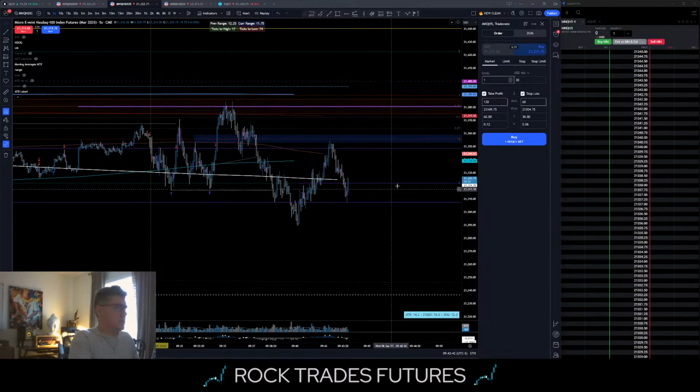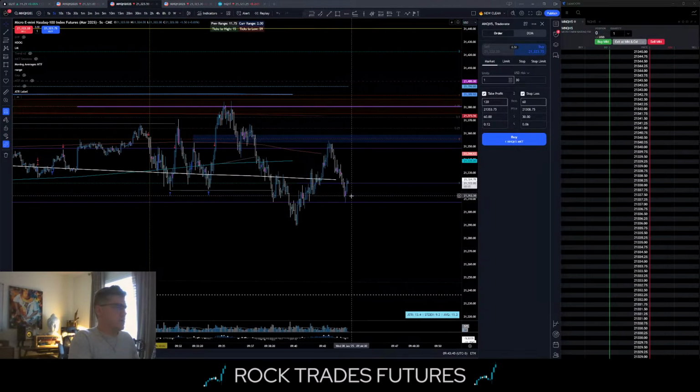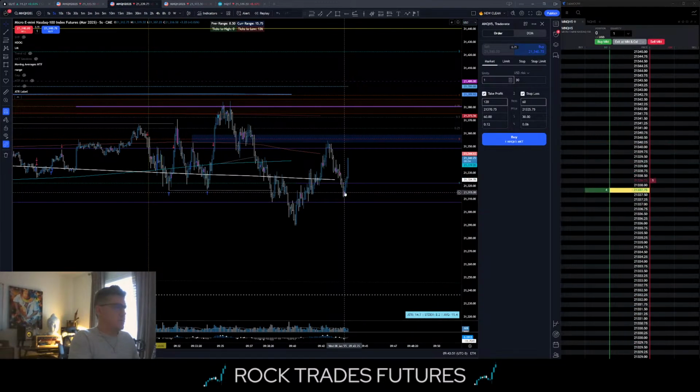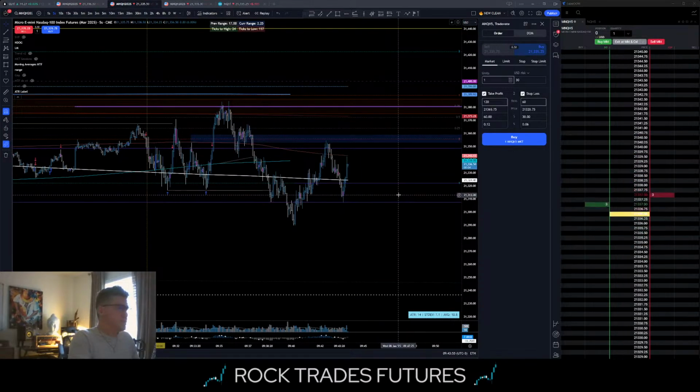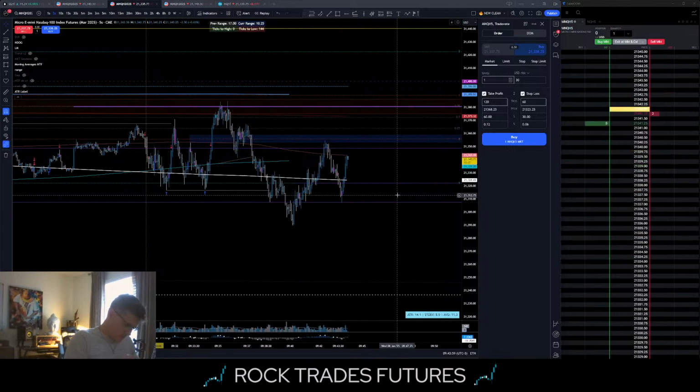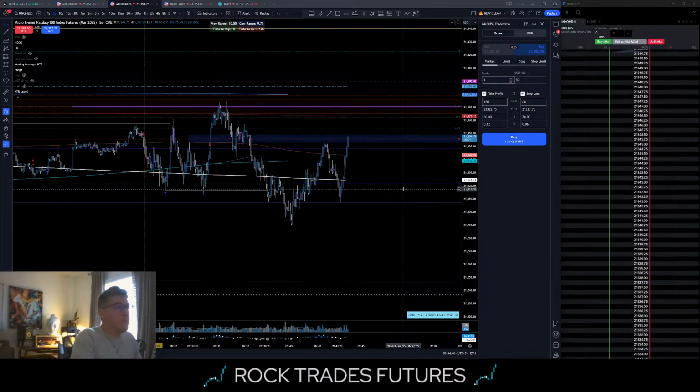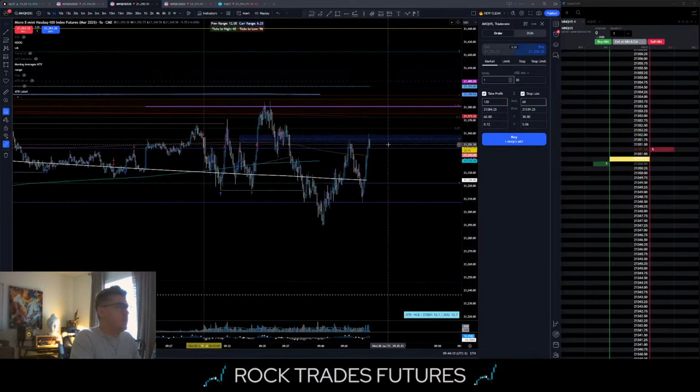So this is a trigger. Deeper retracement. Small risk. Pretty nice opportunity right here. Pretty nice opportunity right there. Okay, pushing up above initial imbalance?